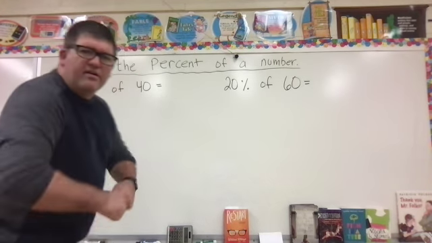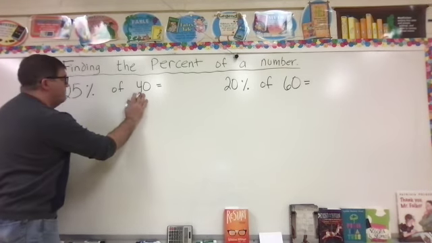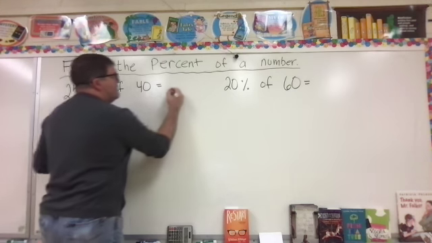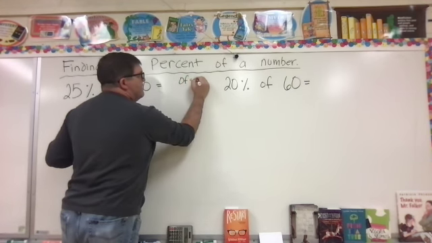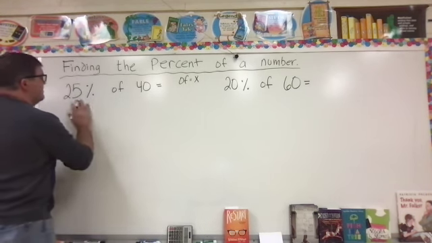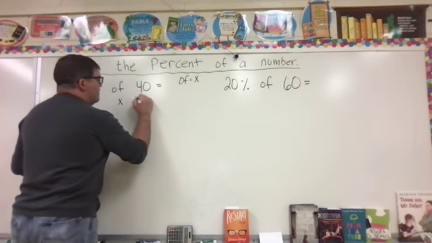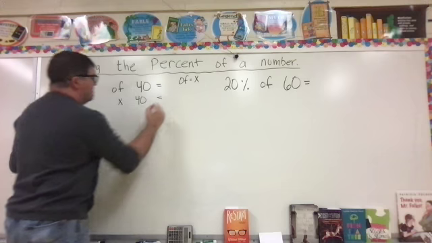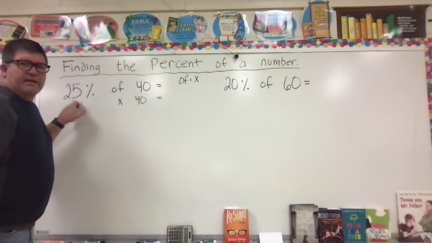Okay? So if you want to find the percent of a number, if you have 25% of 40, the word of in mathematics equals multiplication. So you change that to a multiplication, you bring your 40 down, your equals down, and now I just want to convert this to a decimal.